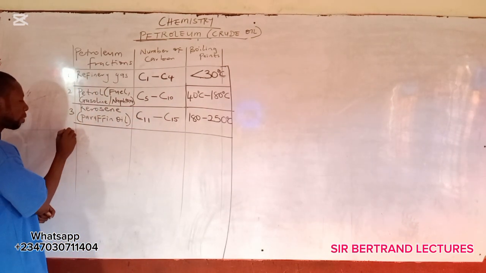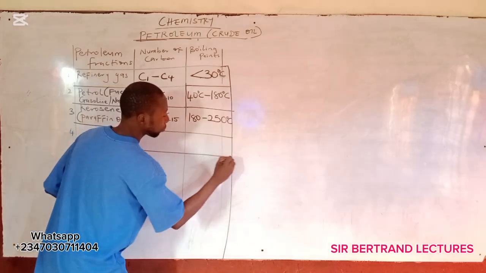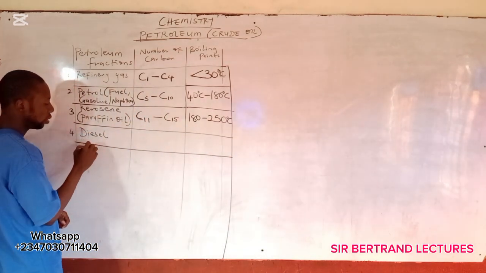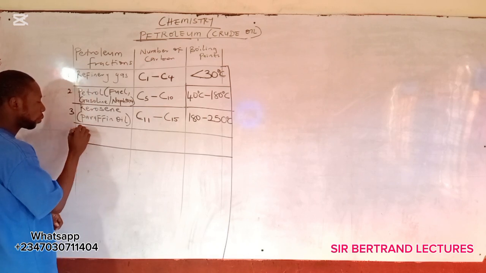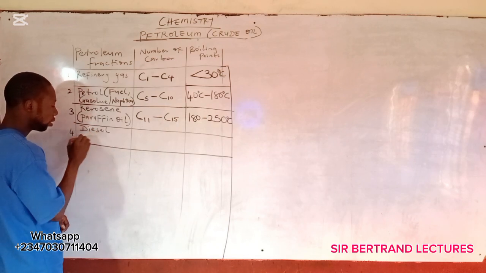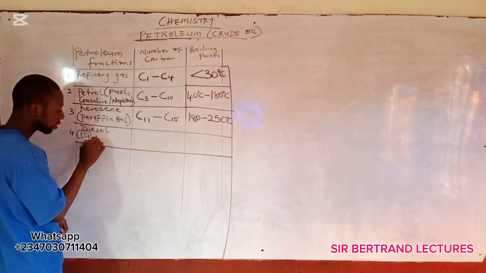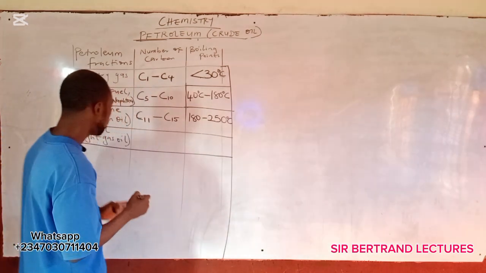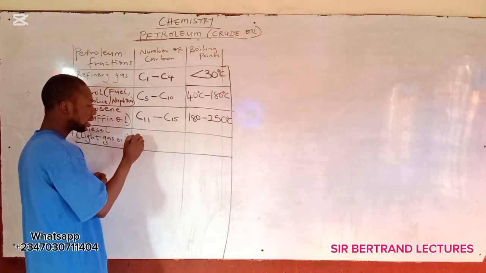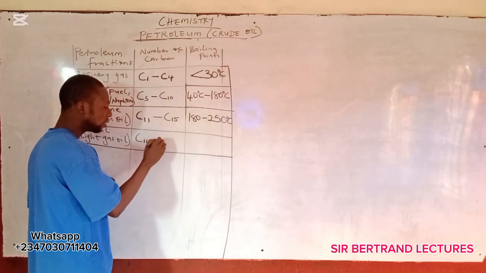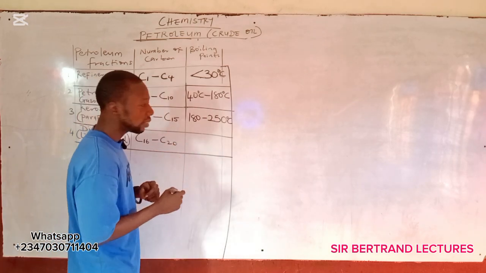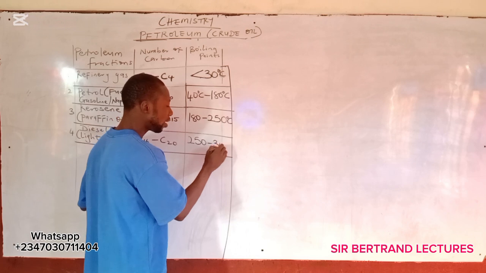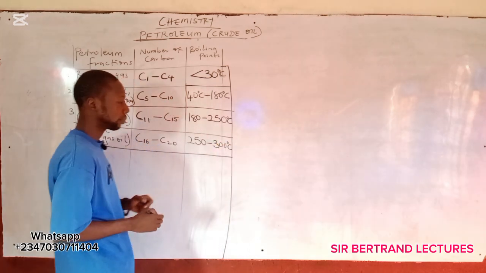All right. Then number 4, we have diesel. Diesel is known as light gas oil. The diesel here contains carbon number 16 to carbon number 20. Then it is refined at a temperature of 250 to 300 degrees Celsius.